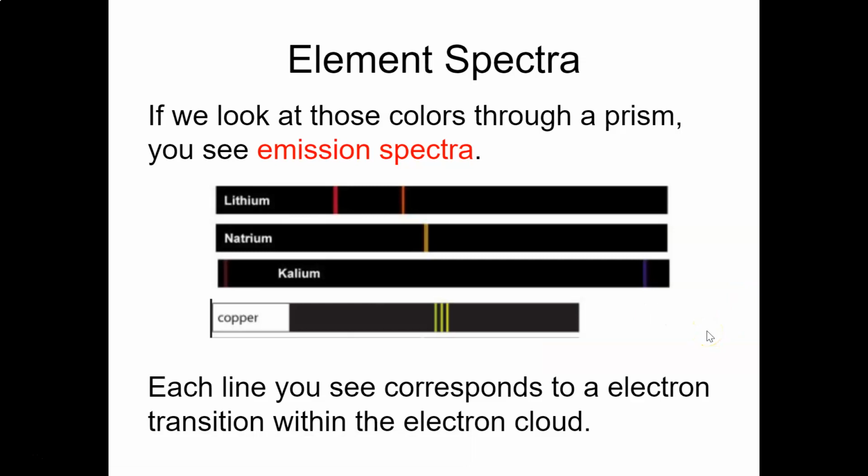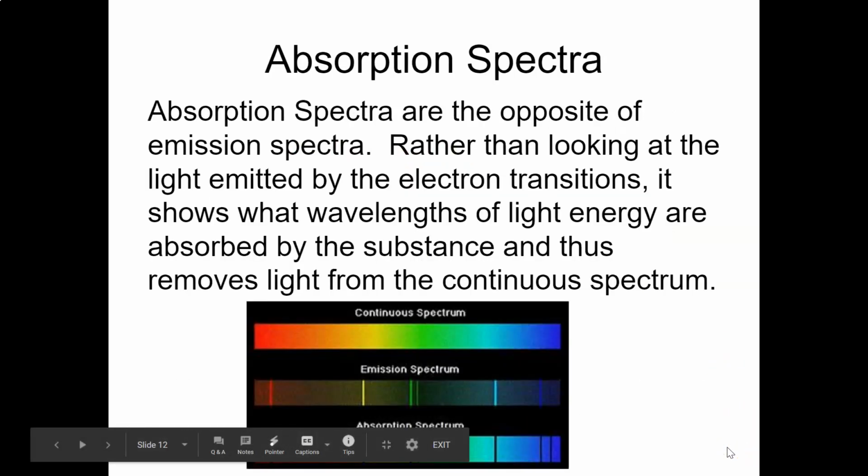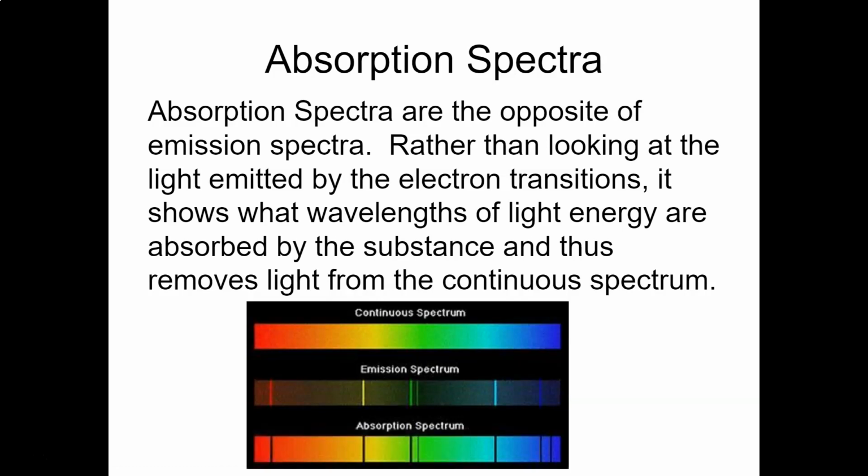Each line that you see corresponds to a particular movement of electrons within the electron cloud. So you have an electron moving from one ring to another. And that's what causes the individual lines to form. There's also something called an absorption spectrum. It's kind of the opposite of an emission spectrum. What you're seeing is the light, not that's emitted, but that's absorbed from an element.